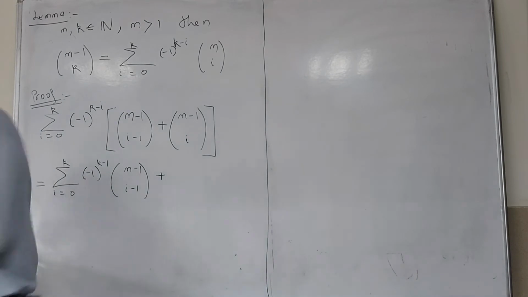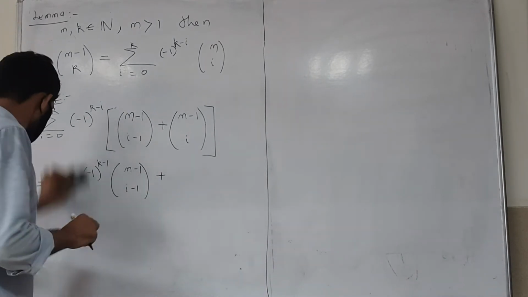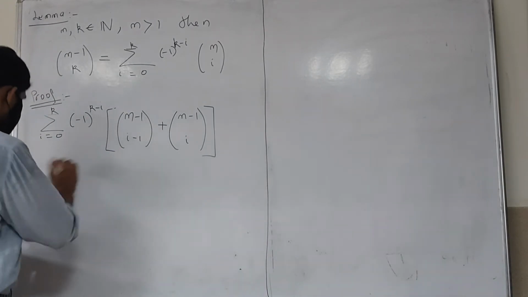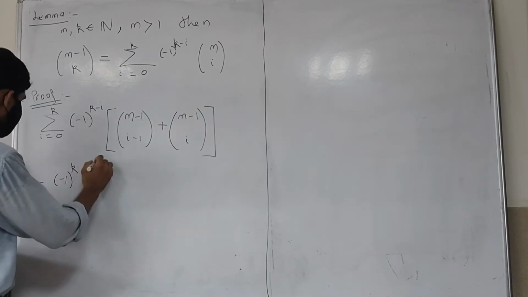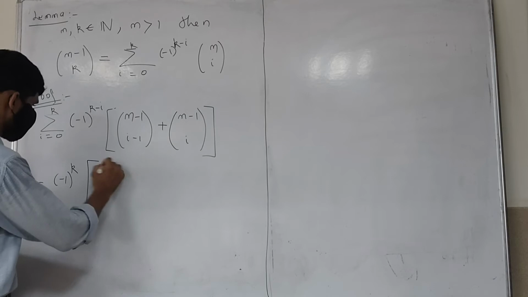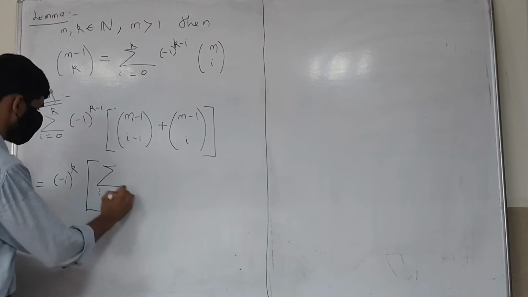Let's keep that out. So that will give us minus 1 raised to k times the summation, i going from 0 to k.